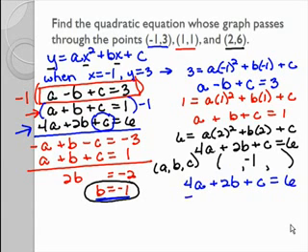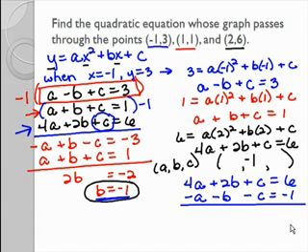So that'd give us -a minus b minus c is equal to -1. We combine, the c's cancel, we get 3a plus b is equal to 5. Now I can start my back substitution.